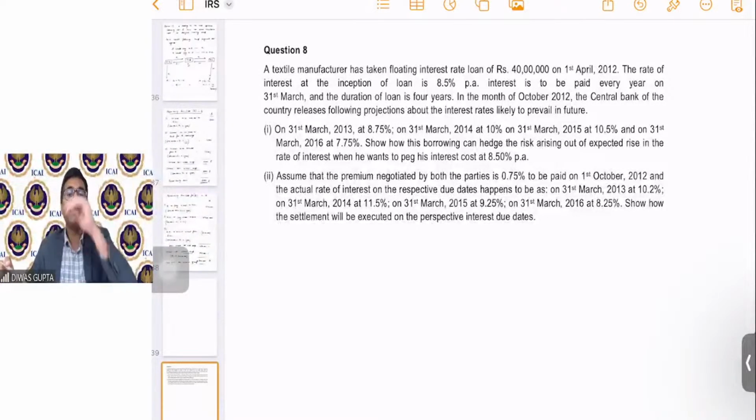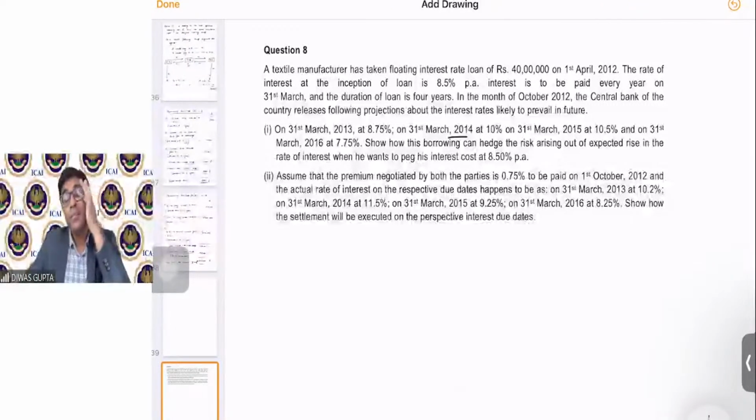Similarly, 1 year after that, which is 31st of March 2014, it is expected to move to 10%. So clearly, as per this information, the interest rates are expected to go up. Show how this borrower can hedge the risk that arises.